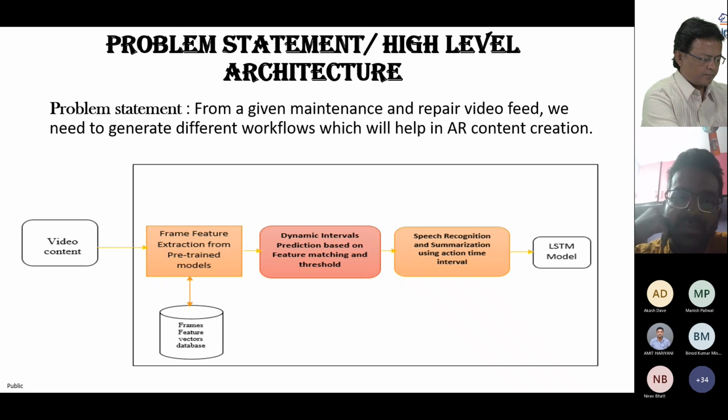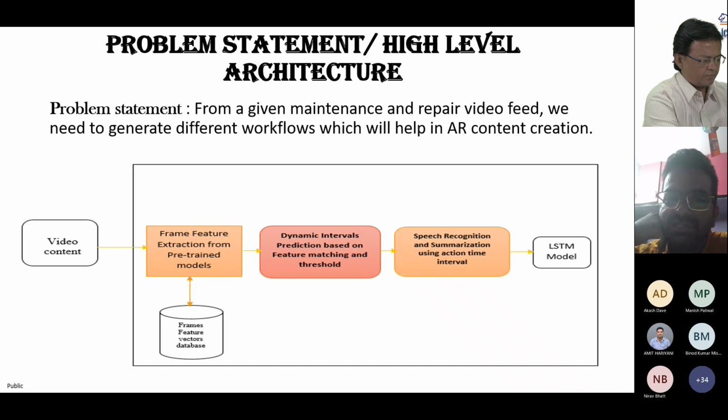The features are compared across subsequent frames to get intervals where the segment is different from one frame to another. The time at which the frame features differ indicates a different action in that video segment data, and the threshold we manage can help tightly differentiate the dissimilar actions, which can help us create the AR content for our repair and maintenance actions.